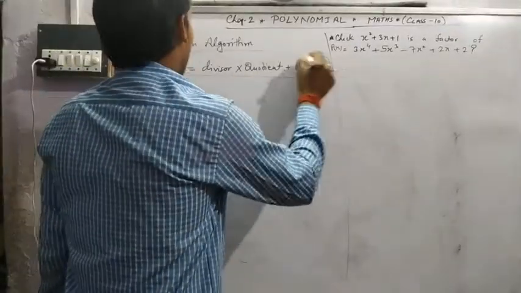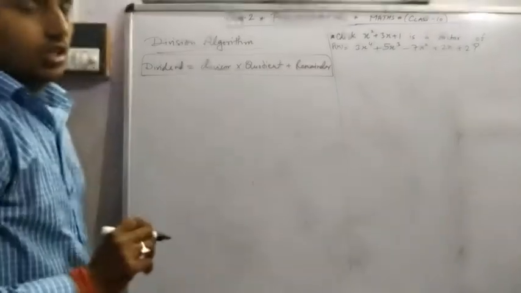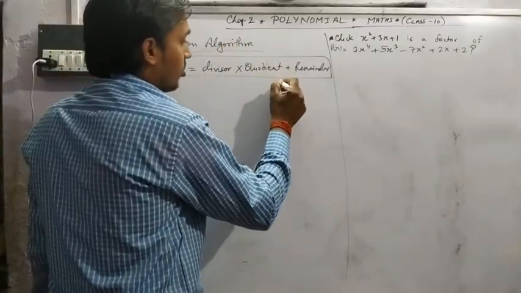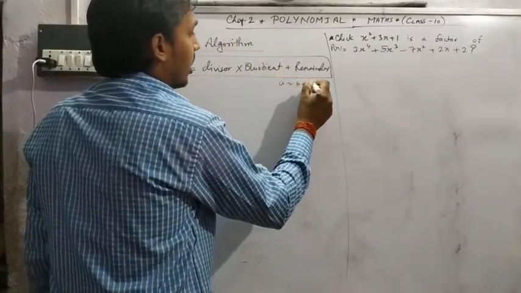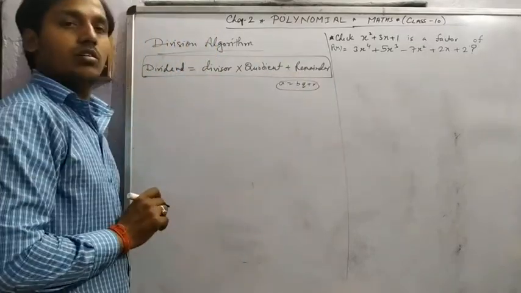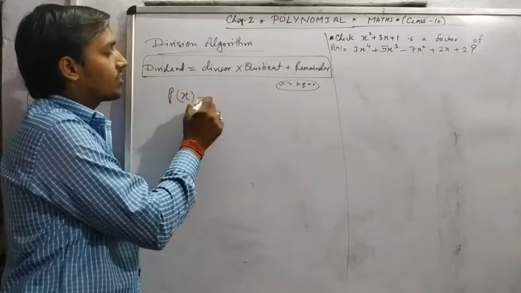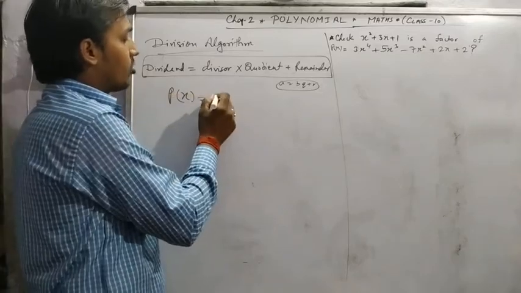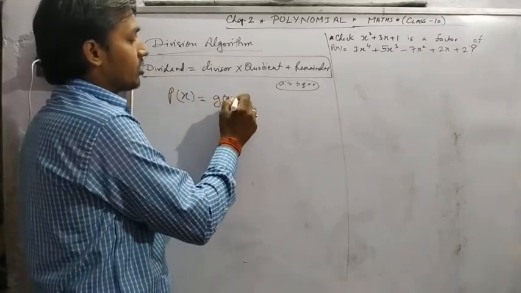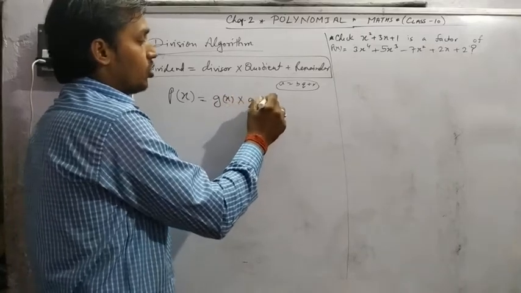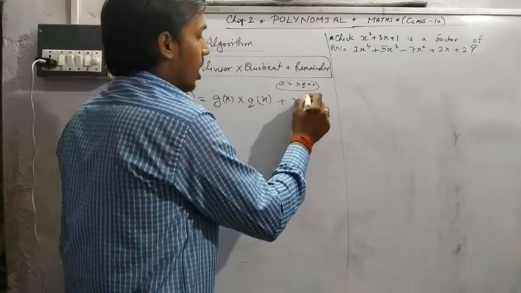That is the division algorithm. In the first chapter you may remember A is equal to BQ plus R. Same thing. Here the dividend is denoted by P of x, the divisor is denoted by G of x, the quotient Q of x, the remainder R of x.